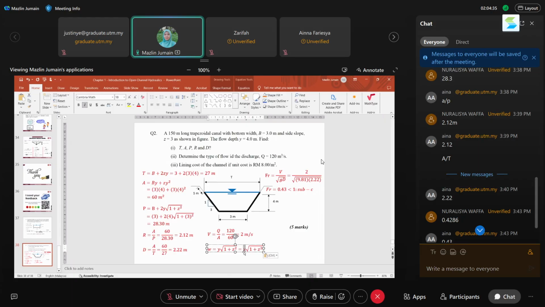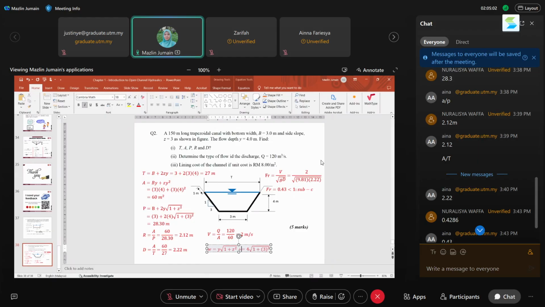So this one, sorry, this one is 4 Y. Okay, and then nilai Z dekat sini equal to 3. And then you kena tambah dengan 1 dekat bahagian sini.